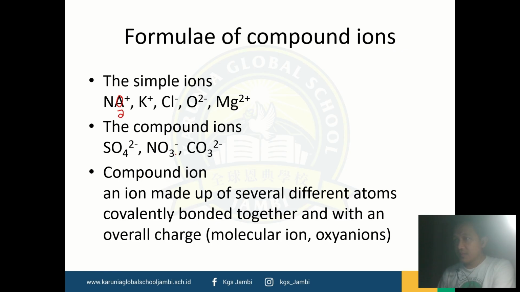Okay. And for the compound ions, they are also not a single atom, but a compound. Example: sulfate SO4 2 minus, it has charge 2 minus, and then nitrate NO3, it has a minus charge, and also CO3, it has 2 minus charge.